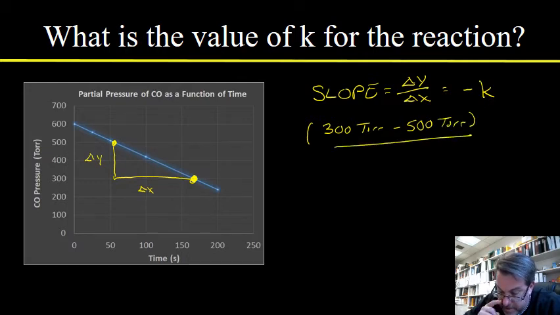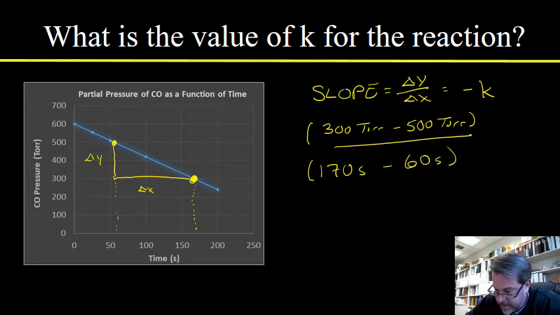And then we divide by the change in the y-coordinates, or excuse me, the x-coordinates, right? So here this is about 170 seconds. And this one here is just past the 50. We'll call it 60 seconds.